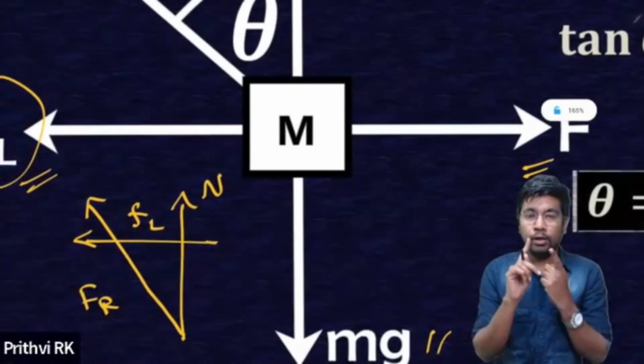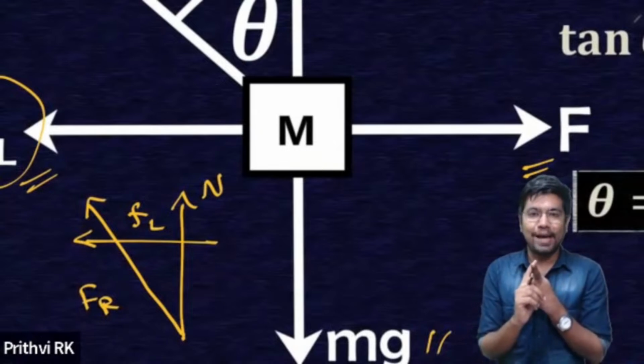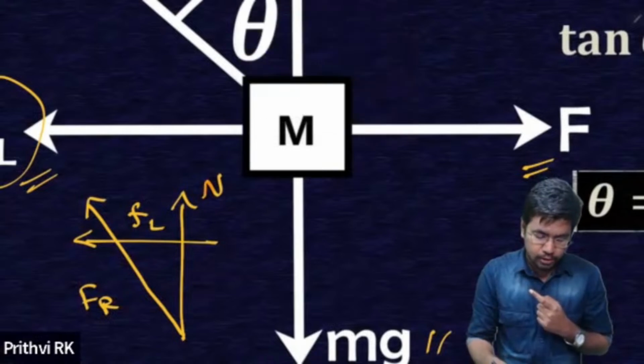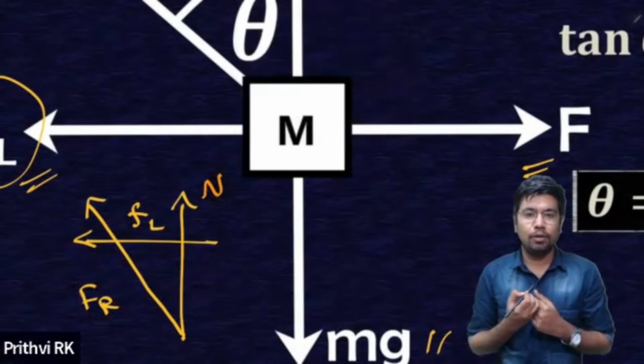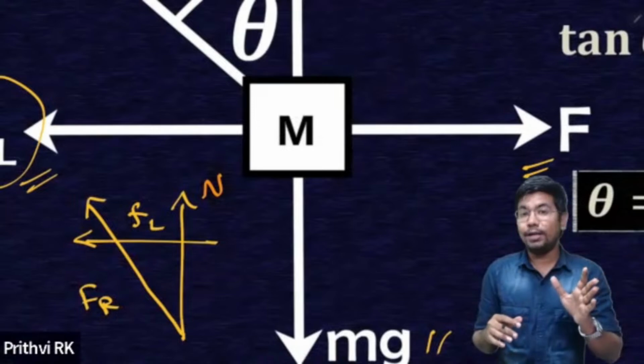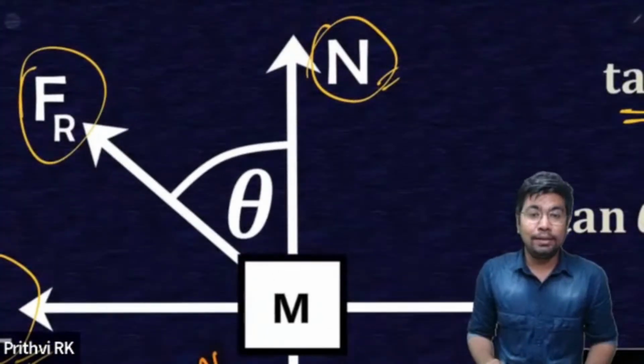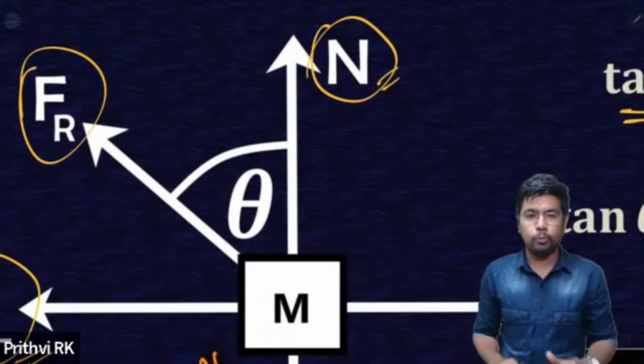I want you to look at two things: magnitude and direction. Here the magnitude of N is just N, and its direction is upward. In this larger diagram, the direction of N is also upward.